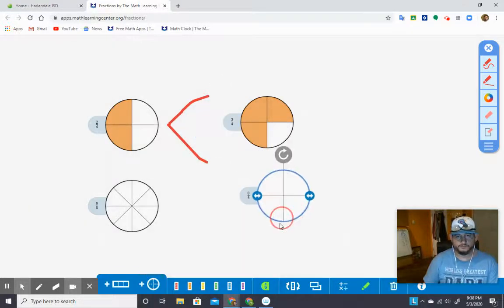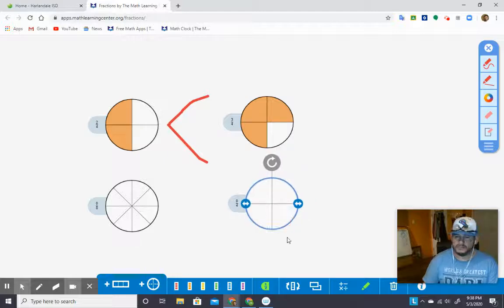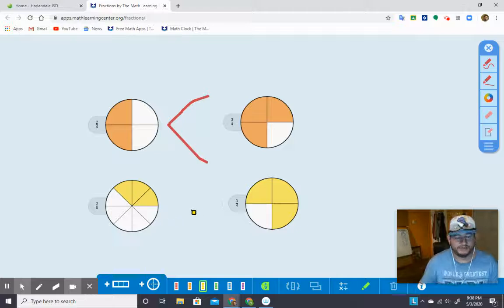So now my denominators are different, right? But take a look at this. I'm going to make my numerators the same. My numerators are going to be the same. So I'm going to have 3/8 on that one. And I'm going to have 3/4 on that one.